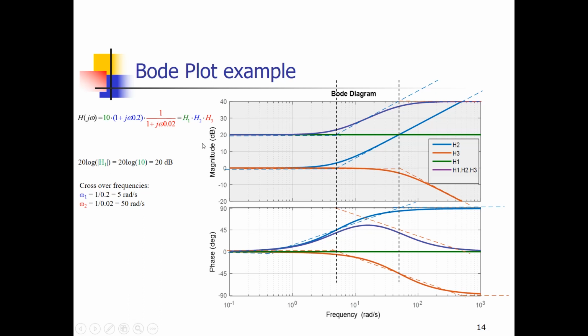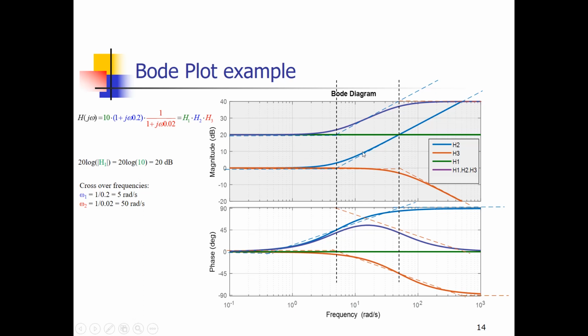So, adding these amplitude plots of H1, H2, and H3 gives us the purple plot over here, in which this one is the asymptotic combination, which is the red one and the blue one. They start off at 0 dB, but the green one starts and ends up at 20 dB, so the combination starts up at 20 dB.